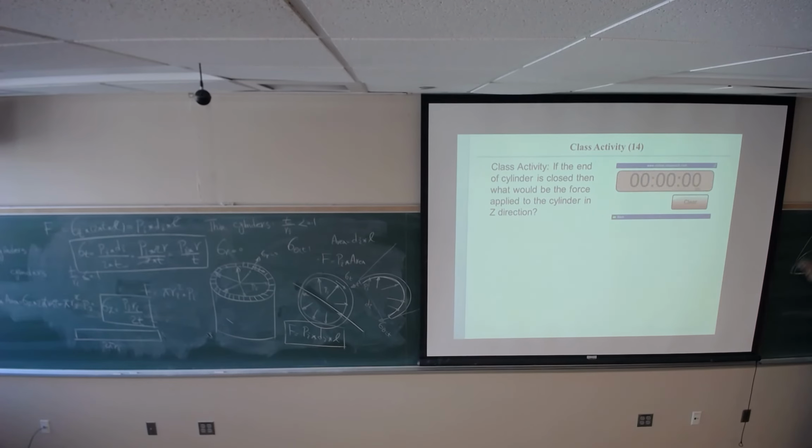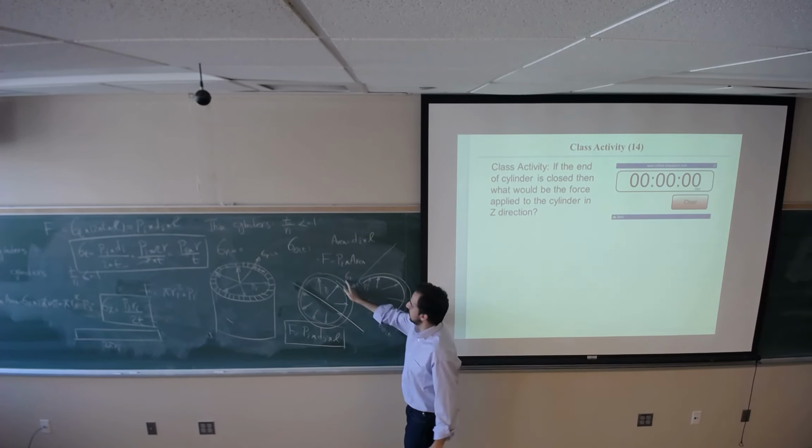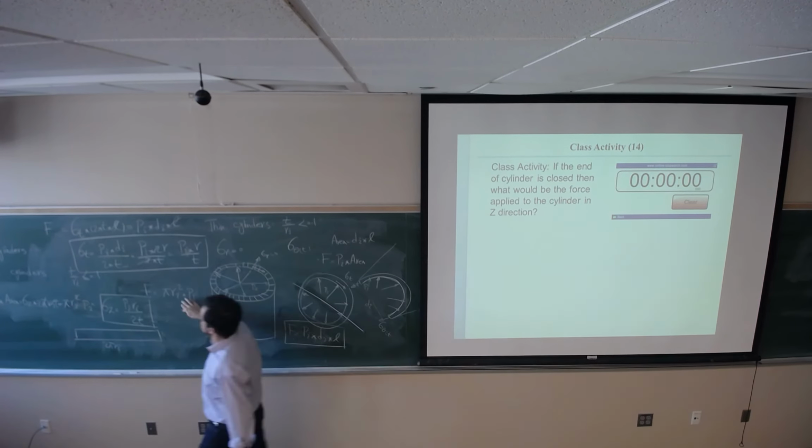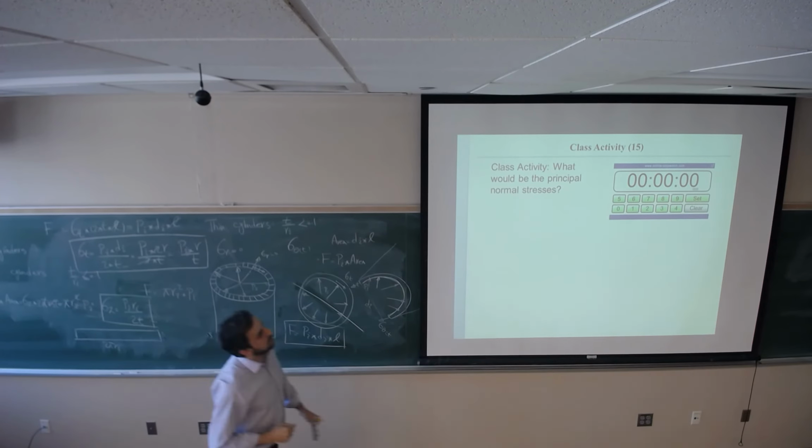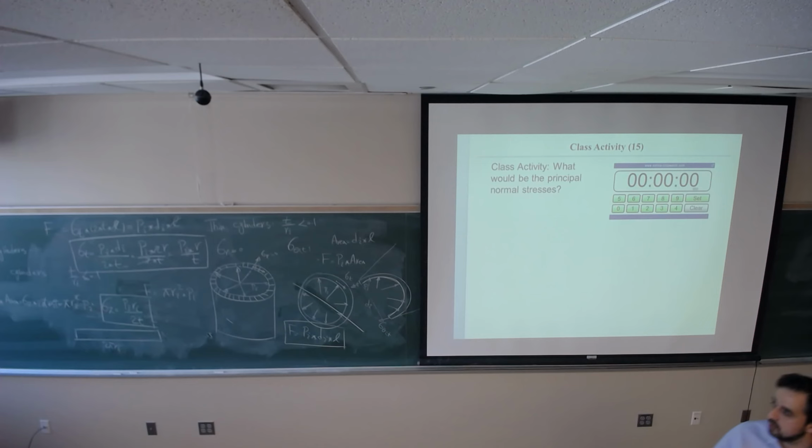So now, for any point in the cylinder, if you draw the stress element, these are two normal stresses applied to that. Now, find me the principal normal stresses and tau max.